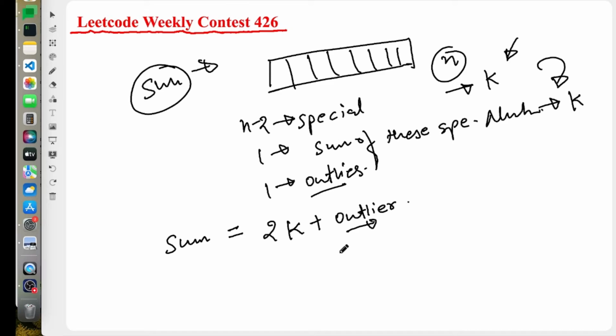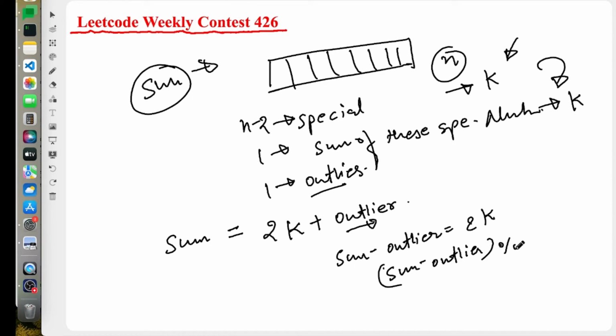What I mean is your sum minus the outlier is equal to 2k, so it will always be divisible by 2. So I'll go through each possible number in the array, assume this number as the outlier, then check if the total sum minus that outlier is divisible by 2.